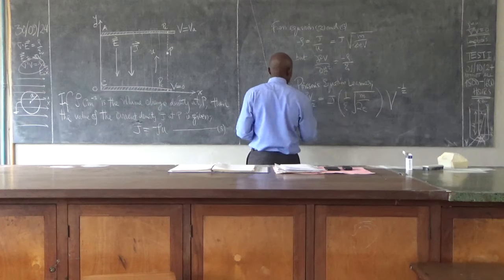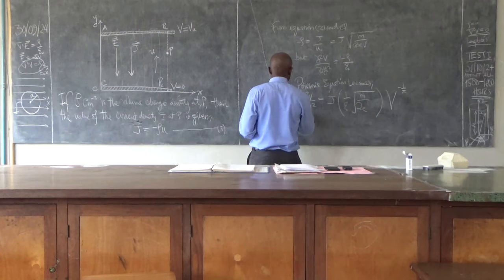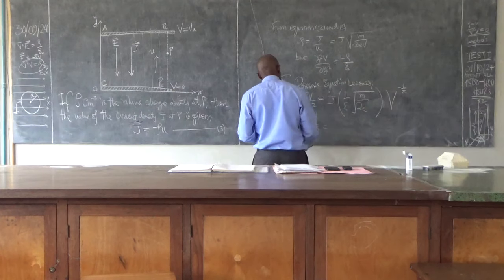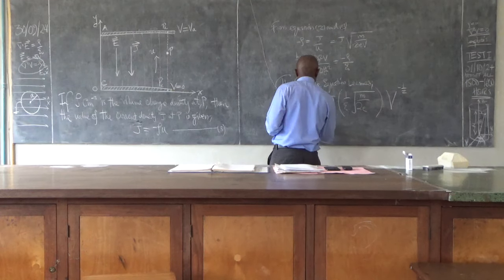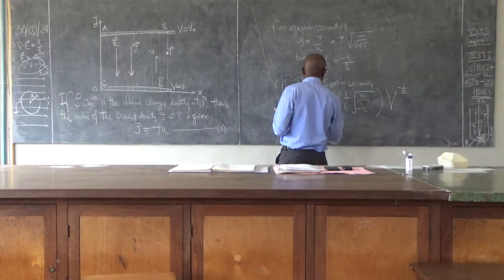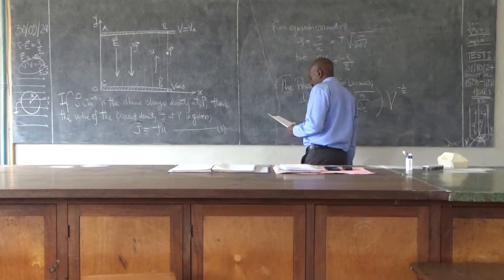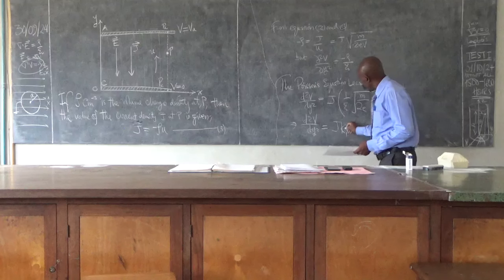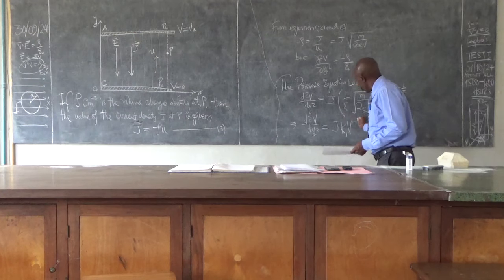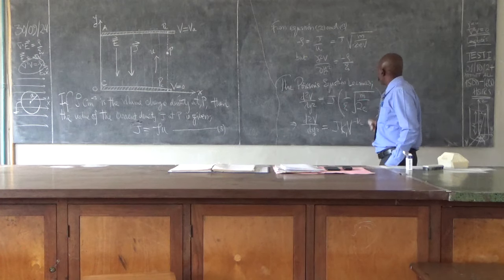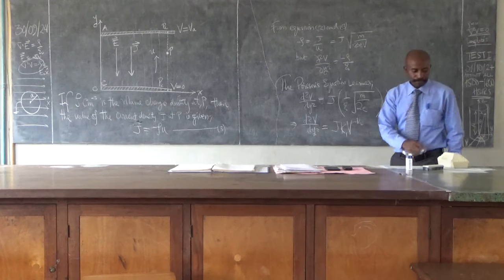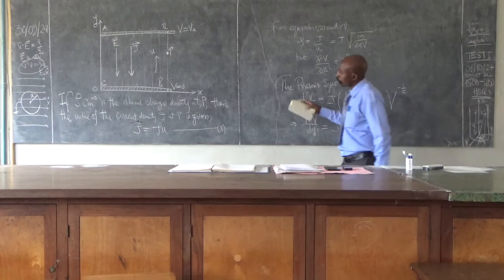So this would imply that d squared V dy squared is equal to some constant K1 times J times V to the minus a half, where K1 is this whole stuff here, just for convenience.